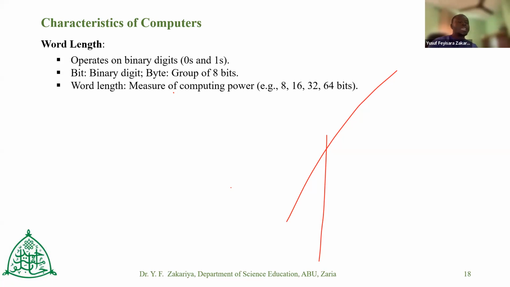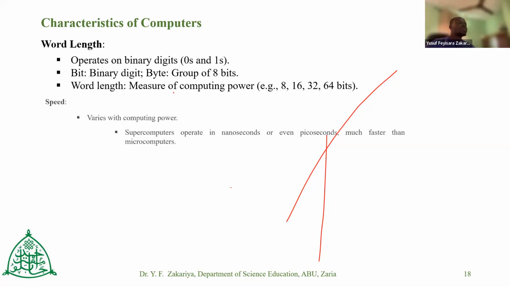So when you're buying a new laptop or a new workstation, you hear, is it 8 bits or 16 bits or 32 bits or 64 bits? These are all talking about how many words, or how much, your computer can process at the same time. So 64-bit, I think, is the highest for now. Maybe 128 is coming very soon.